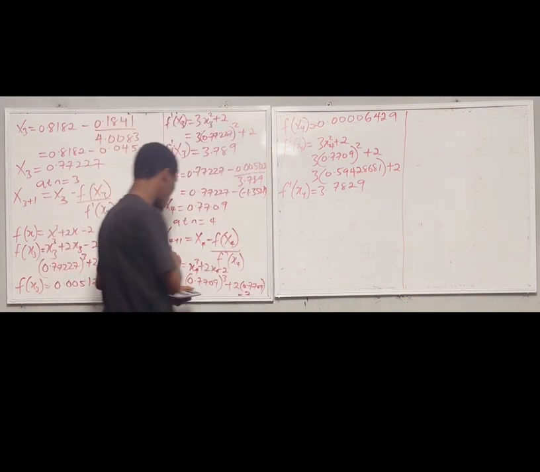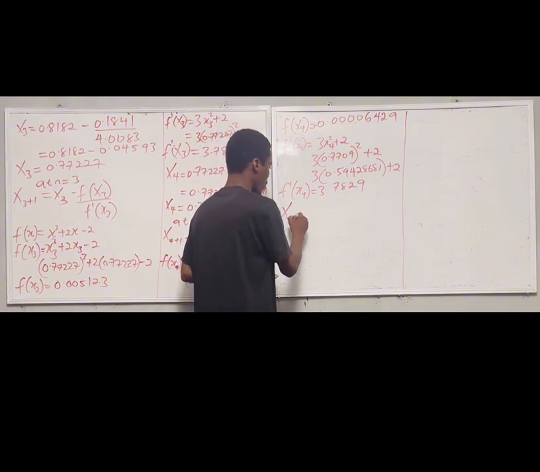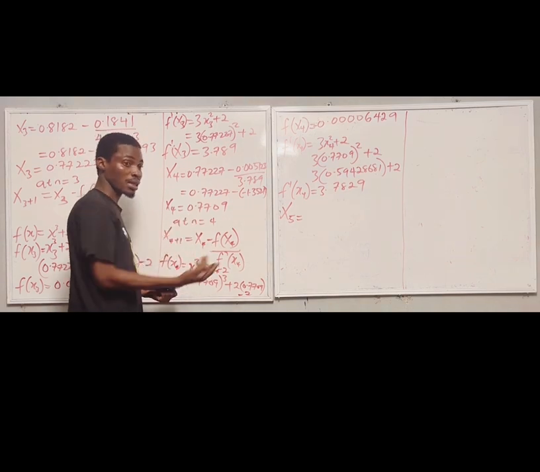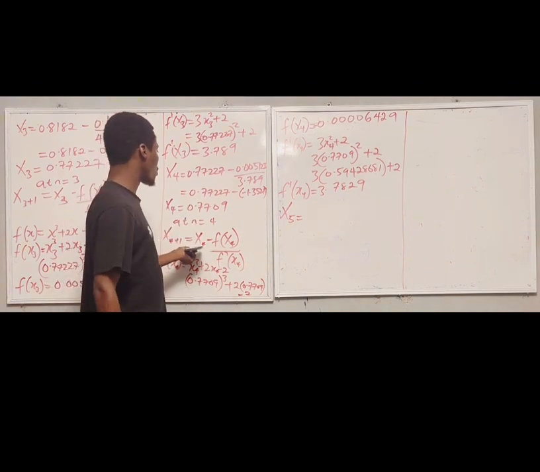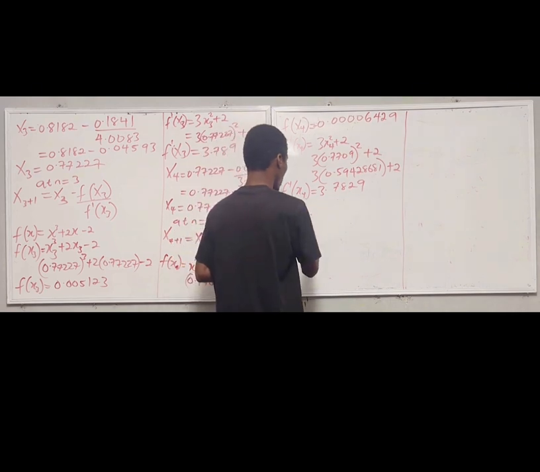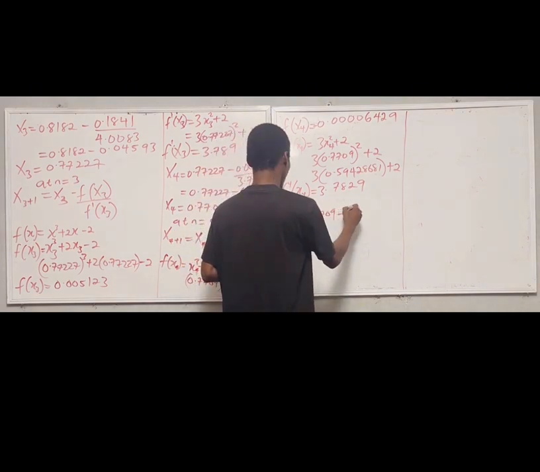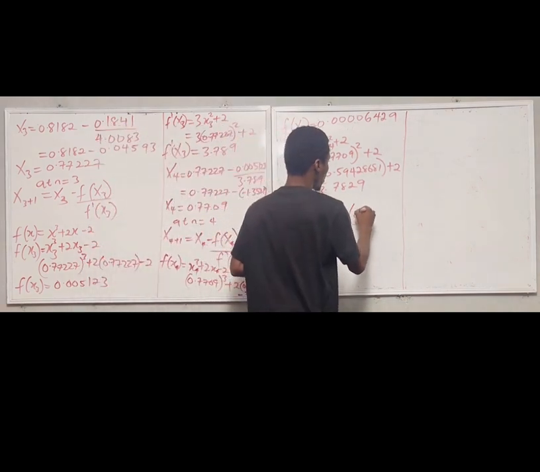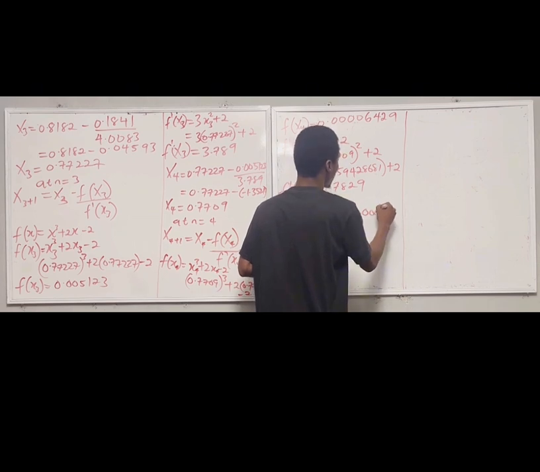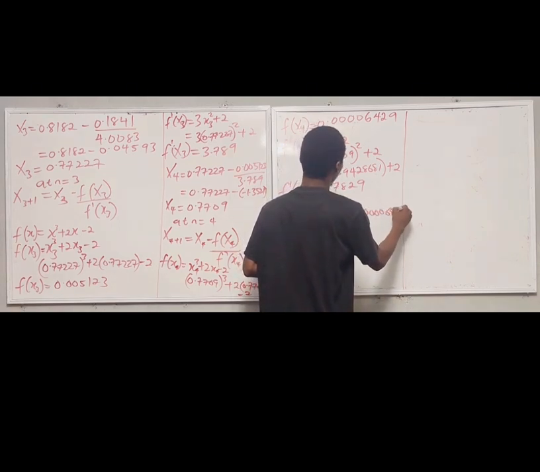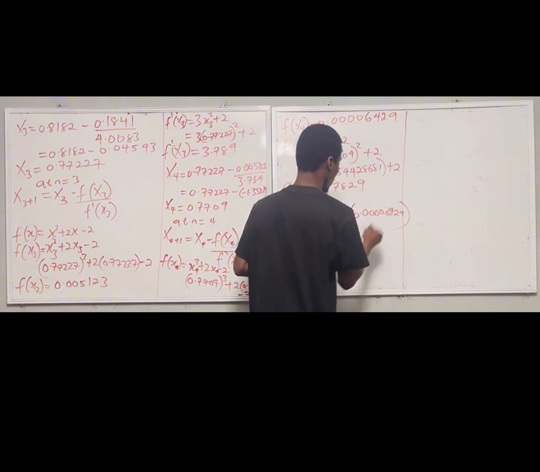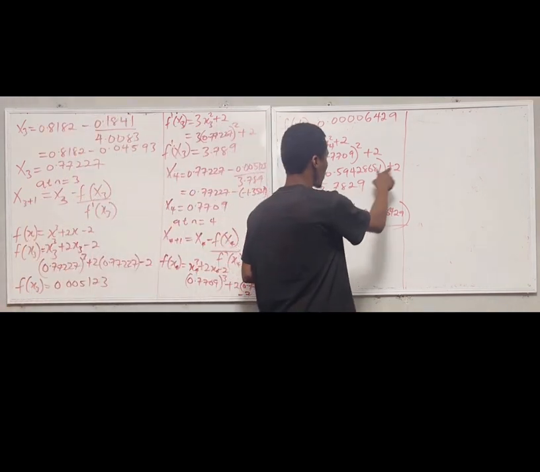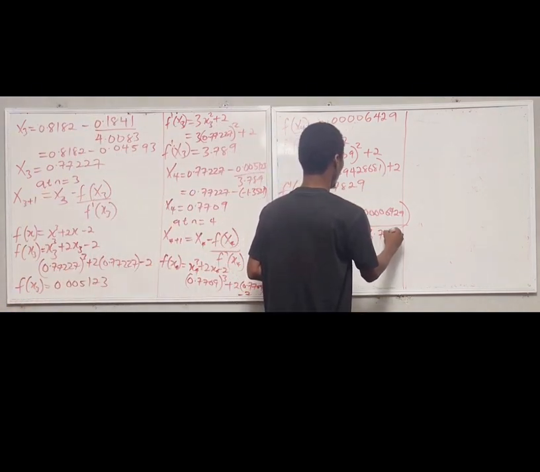So I can now apply my formula, that is x5 equals x4 minus f of x4 over f prime of x4, so that I can get my x5. Yes, this formula I'm using because I want to get my x5. My x4 is 0.7709, minus f of x4, which I've gotten here, 0.00006429, over f prime of x4, which is 3.7829.